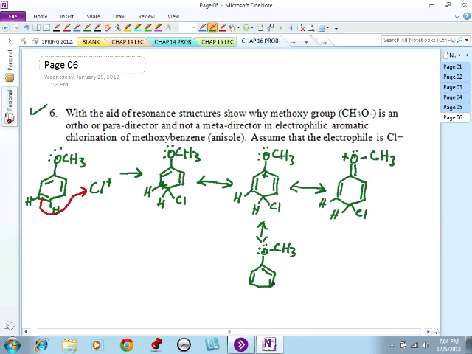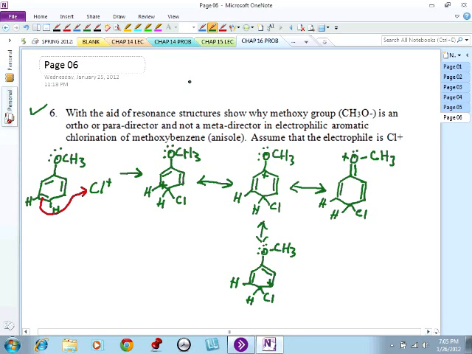Okay, and then the positive charge is here. Chlorine is here. Hydrogen here. And this hydrogen is still here. Now, at the end of this process, of course, we know what is going to happen. Keep in mind that when you form the electrophile, there is a base that goes with it.